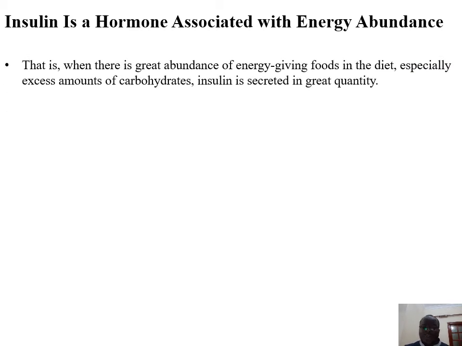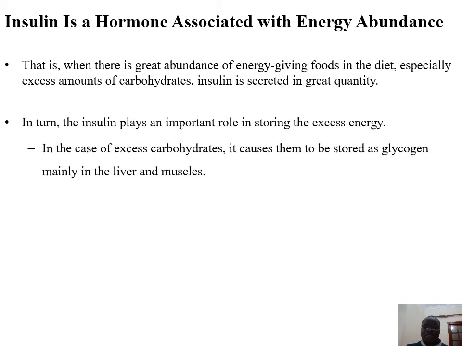That is, when there is a great abundance of energy-giving foods in the diet, especially excess amounts of carbohydrates, insulin is secreted in greater quantities. So if you eat a lot of carbohydrates, there will be a lot of insulin secreted by the beta cells. In turn, insulin plays an important role in storing the excess energy.